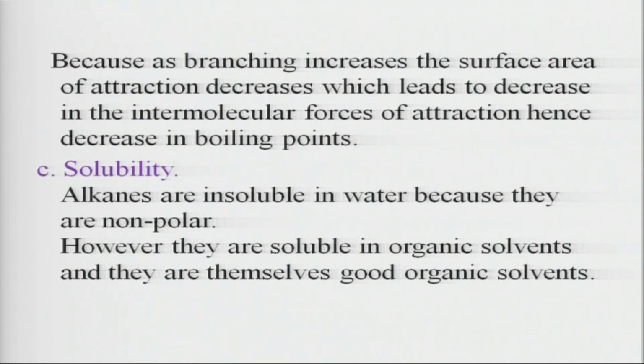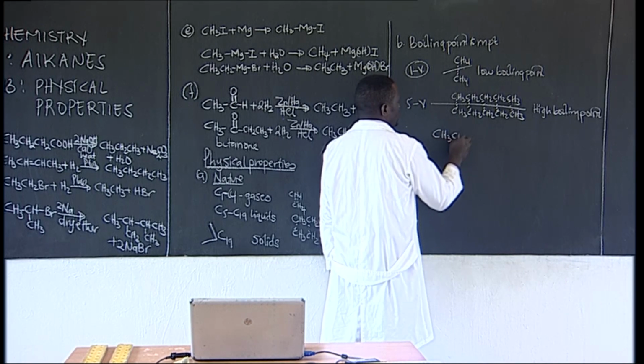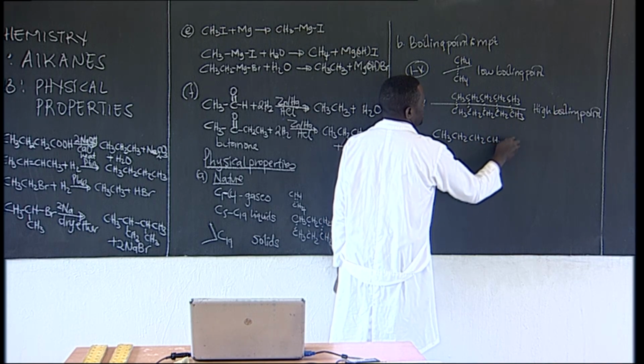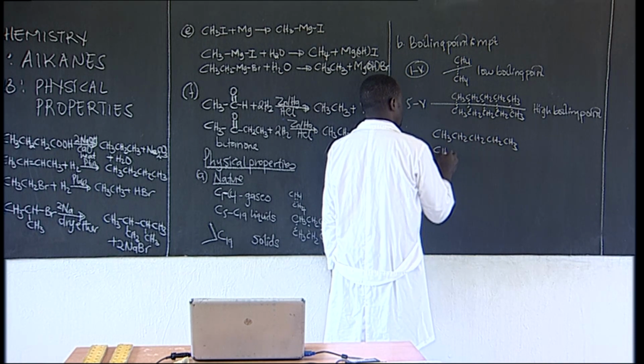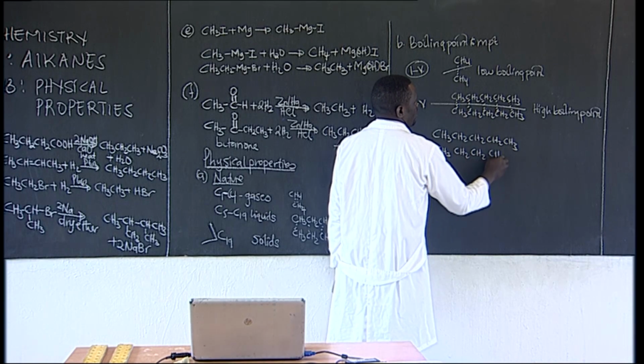Let me illustrate to you on the blackboard here, where we have a straight chain, for example, pentane again. So we have 1, 2, 3, 4, 5.